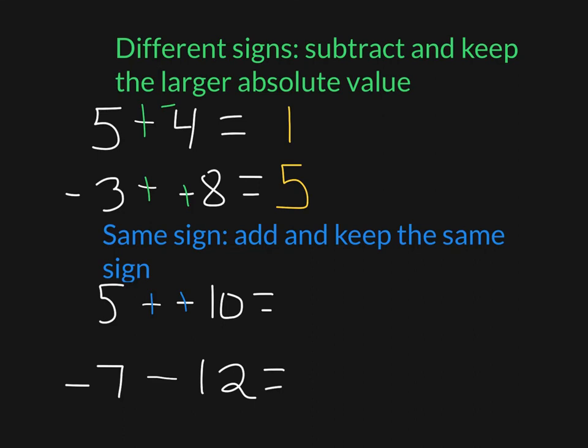So 5 plus 10, everything's positive. So you just put them all together and you get 15. Negative 7 minus 12 means I add negative 12, keep, change, add the opposite. So negative 7 plus negative 12, now they're all negative or all red tiles. So my answer is also negative.